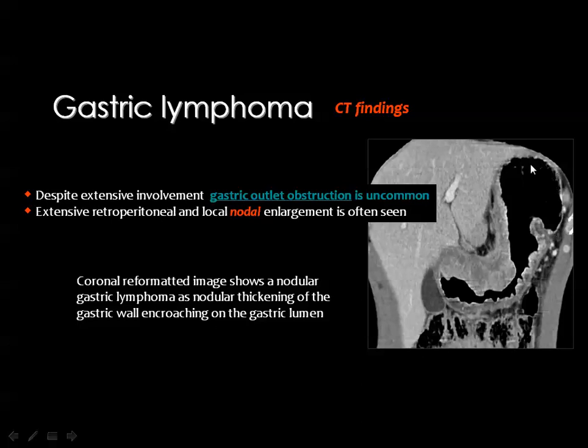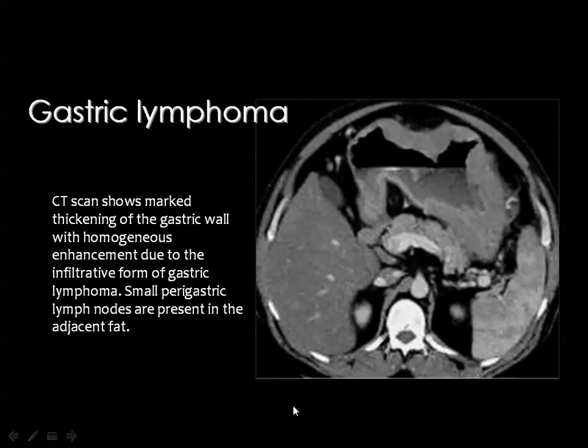And here you can see that the fundus is more or less free, but the greater curvature is affected, and the lesser curve is more affected than the greater curve. And you should remember that lymphoma is not usually associated with gastric outlet obstruction, which is commonly seen in cases of large gastric carcinomas.